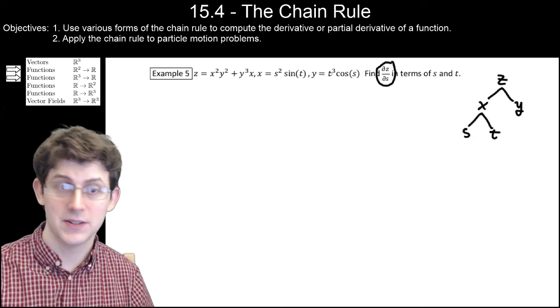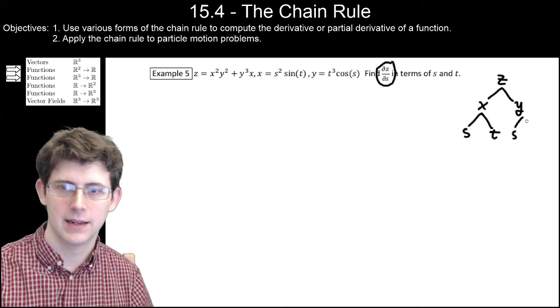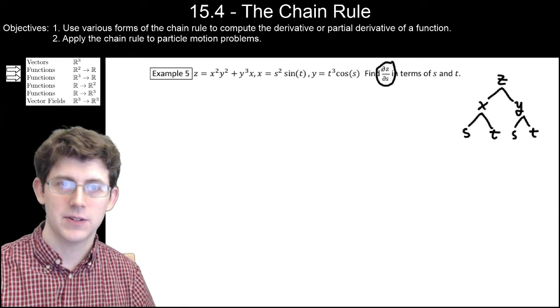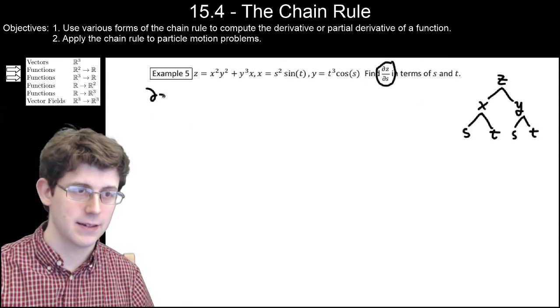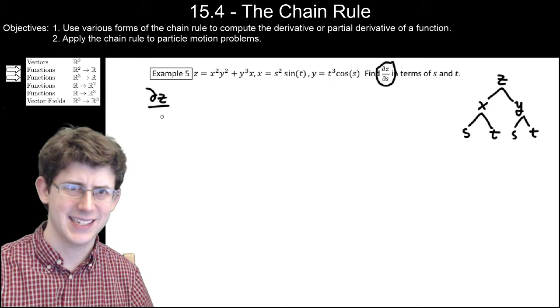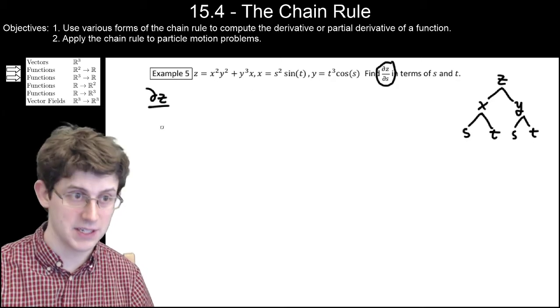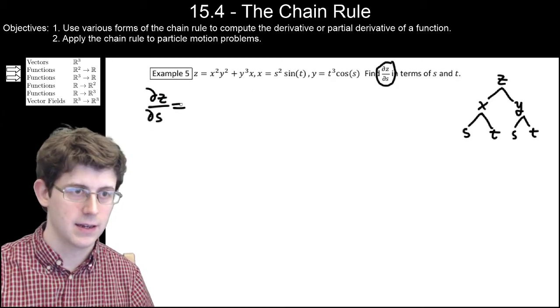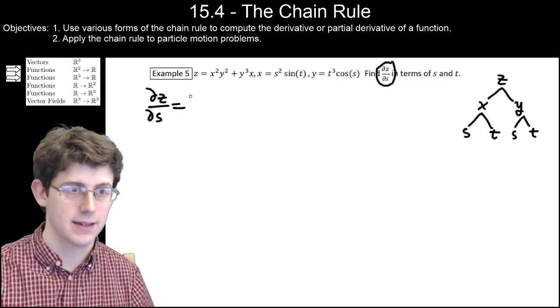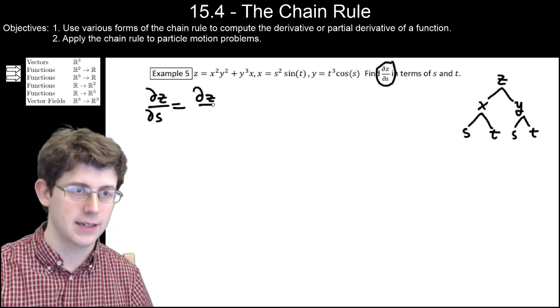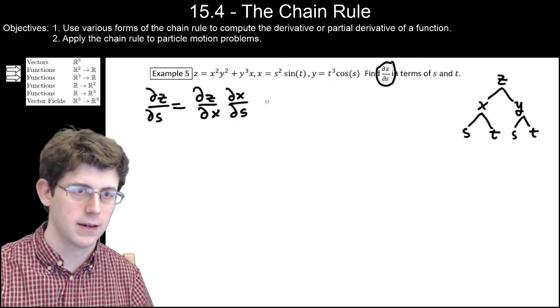And y also depends on s and t. So to find partial z, partial s, which is the question, there's two paths from z to s. One of them goes through x, and the other one goes through y.